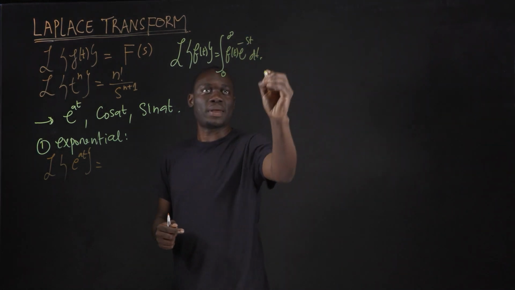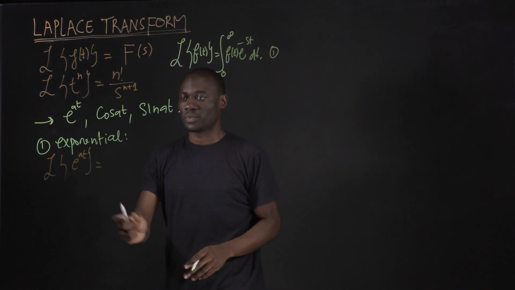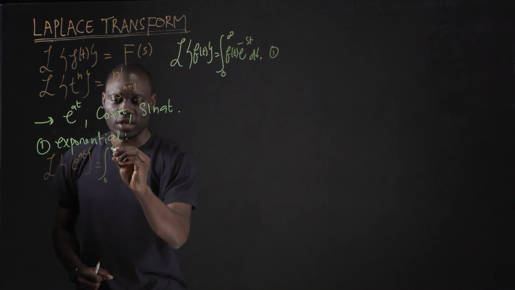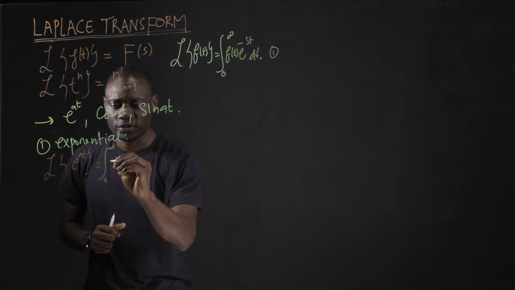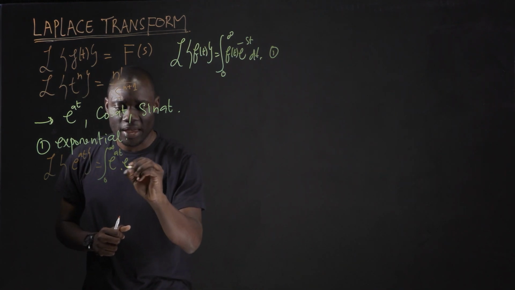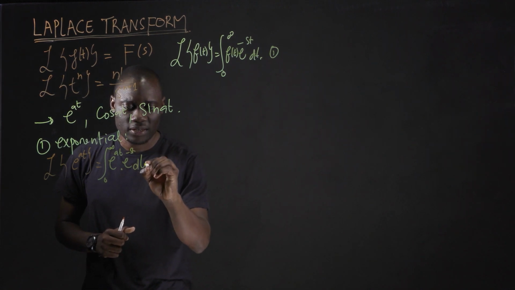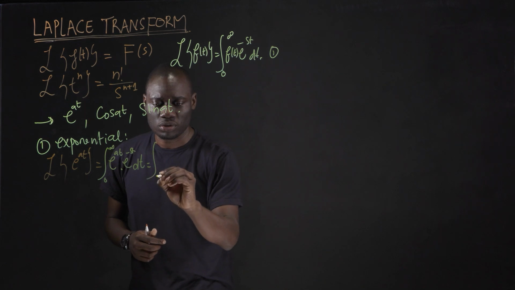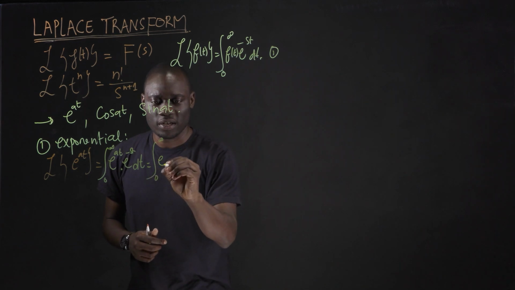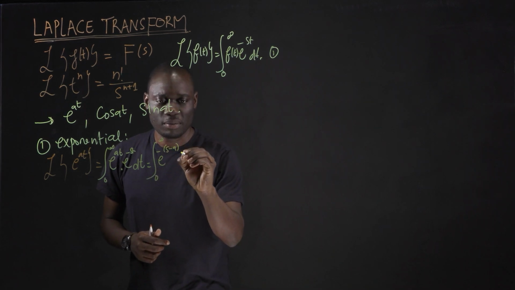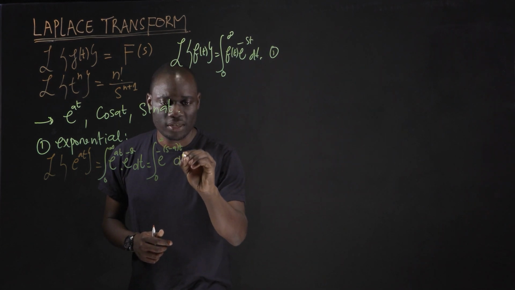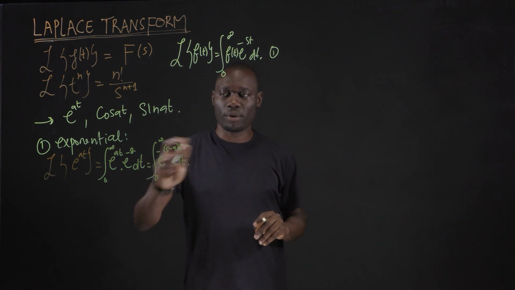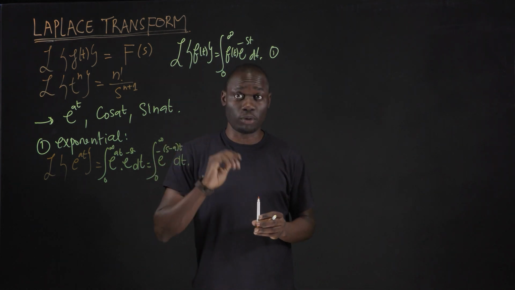Applying this formula, we have the integral from 0 to infinity of e to the at times e to the minus st dt, which is equal to the integral from 0 to infinity of exponential minus (s minus a) t dt. So we can see from the limits of the integral that this is an improper integral.